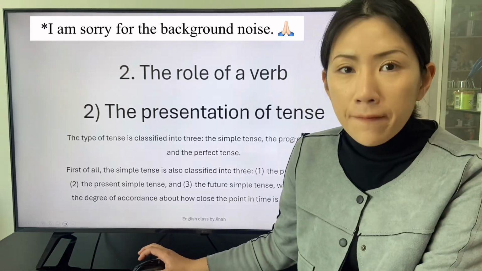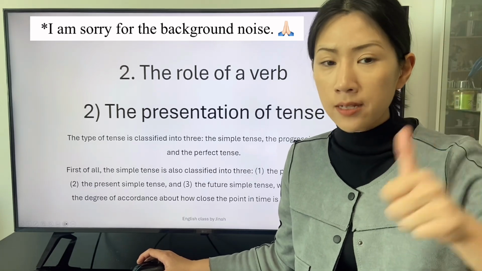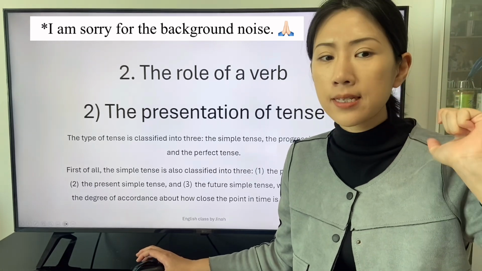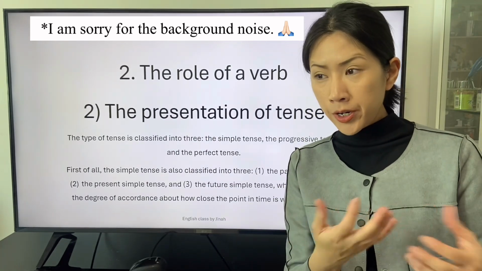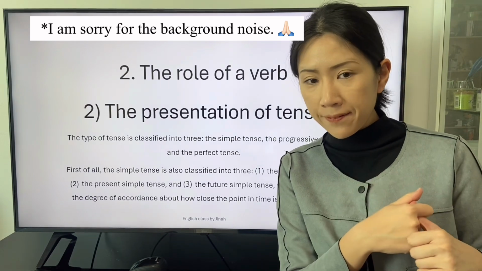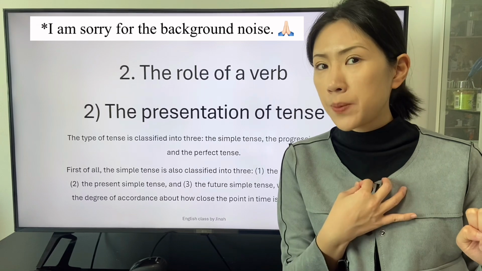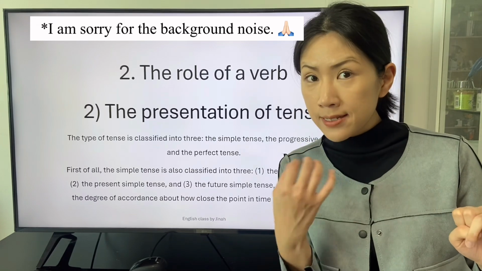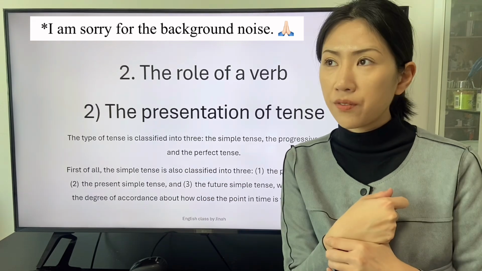The type of tense is classified into 3: the simple tense, the progressive tense, and the perfect tense. The speaker uses the progressive tense and the perfect tense to convey the intention to emphasize the definition of the verb.